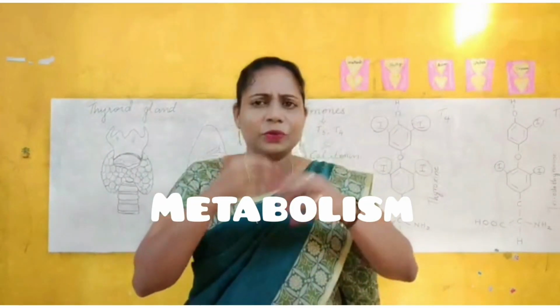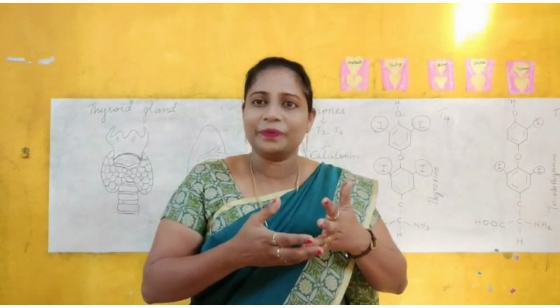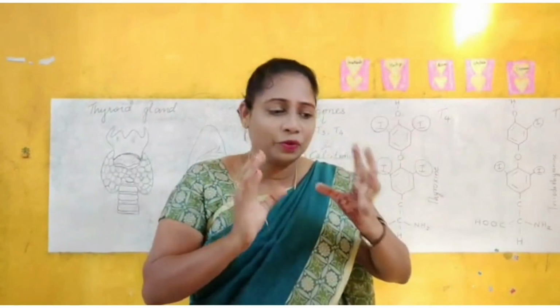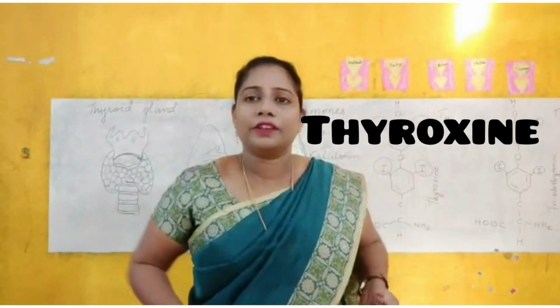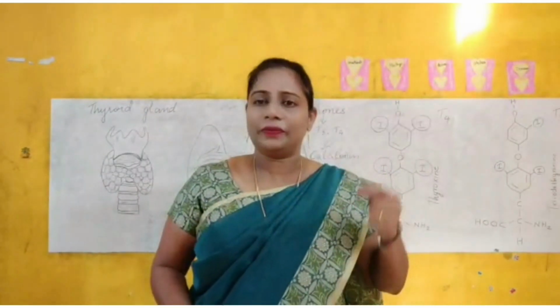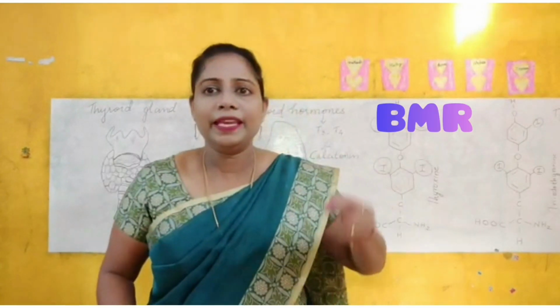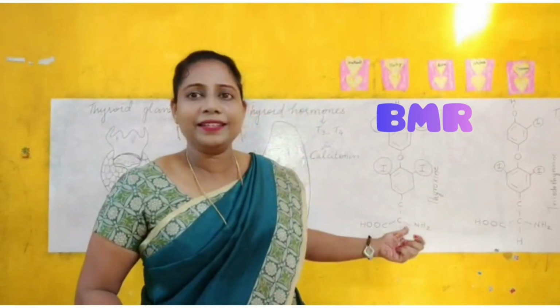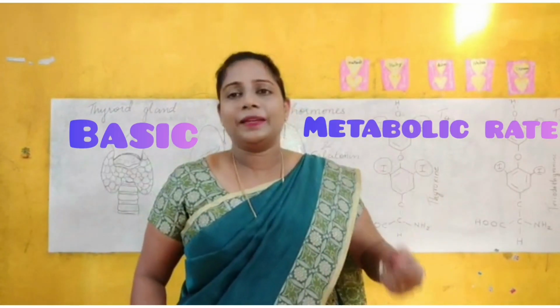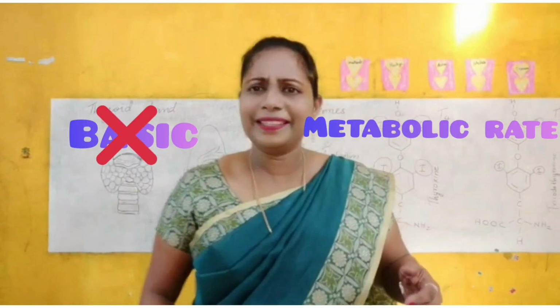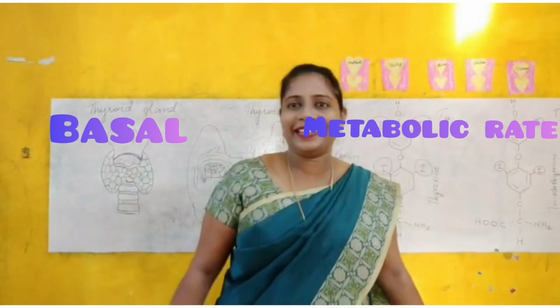So every cell is doing some work, yes or no? And this is monitored and controlled by the influence of thyroxine. Therefore we say it maintains BMR. Thyroxine maintains BMR, that is basal metabolic rate.